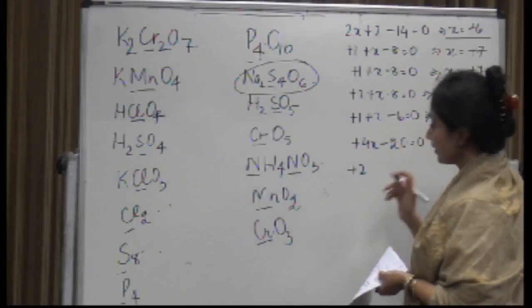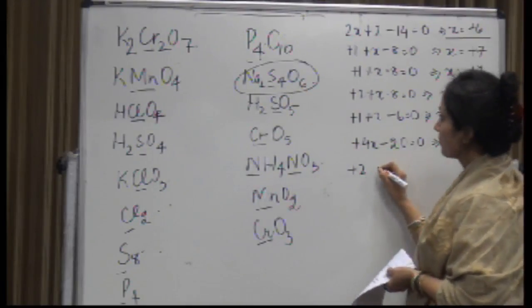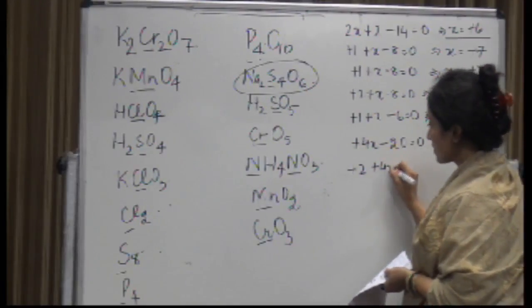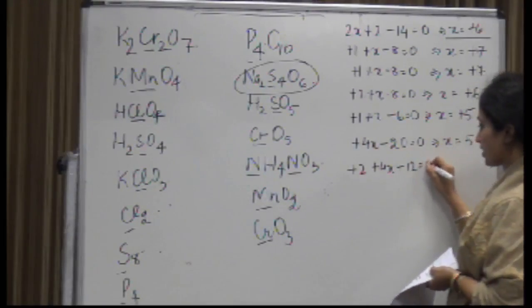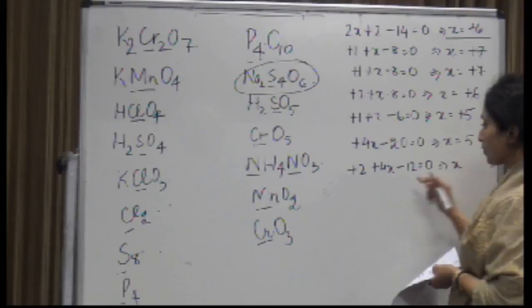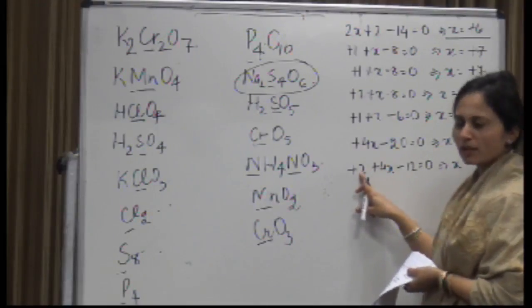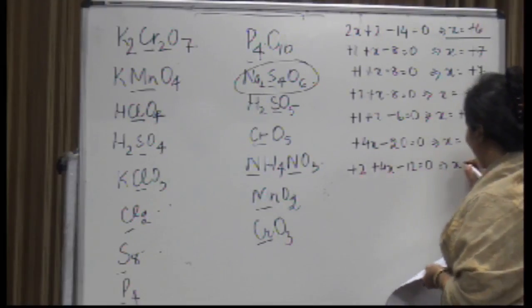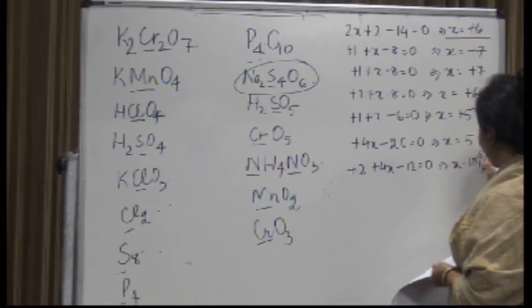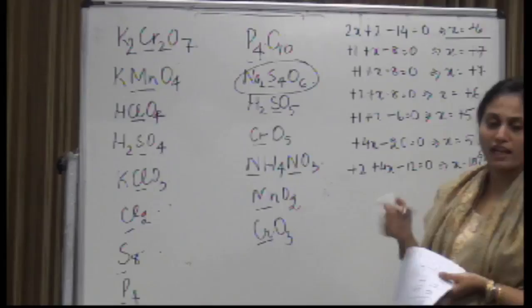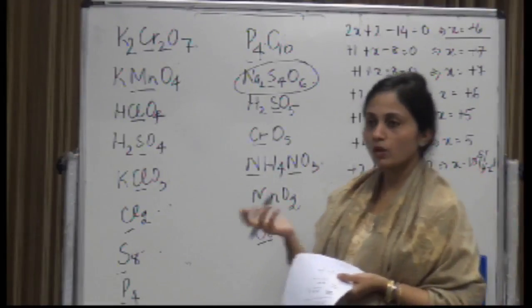Why are you writing? Plus 2, okay? Plus 4x minus 12, 6 2s are 12, equal to 0. So your x will be equal to 12 by 4... so that becomes minus 10. So 10 by 4 means 5 by 2. So you can just state 2.5, 5 by 2 or anything.